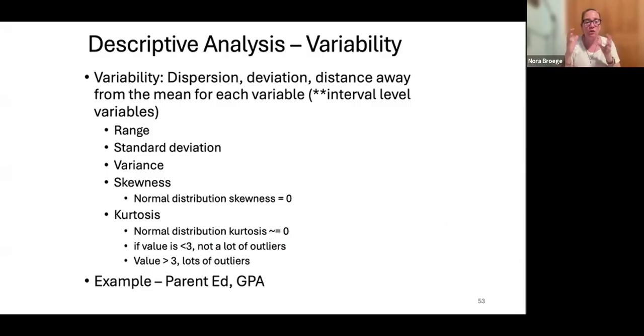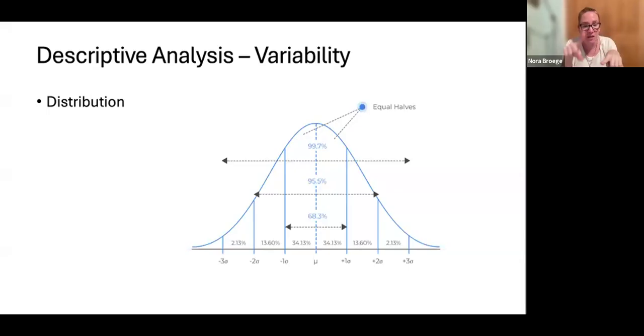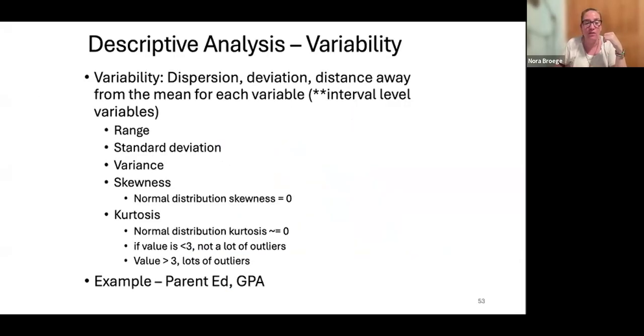Your skewness tells you how much your data distribution deviates from this bell curve, right? Is it shifted to the right, positive, or shifted to the left, negative? Your kurtosis tells you how many outliers you have. If your kurtosis score is greater than 3, there's lots of outliers in the data, and you may need to think about how to treat them, right?